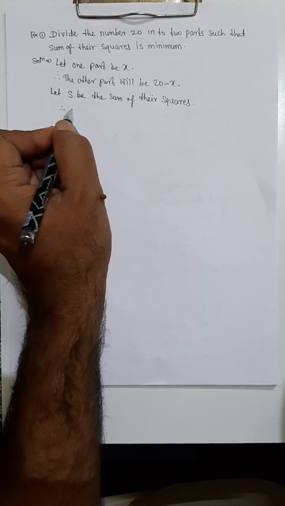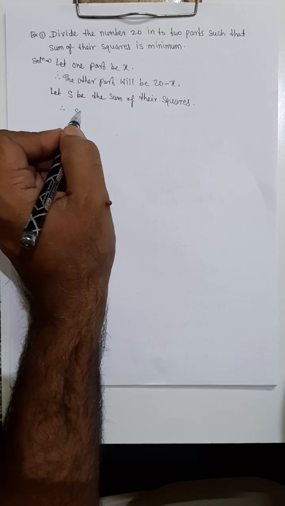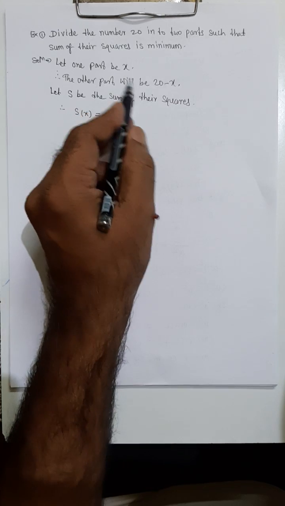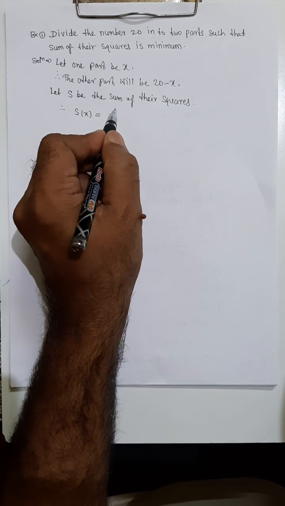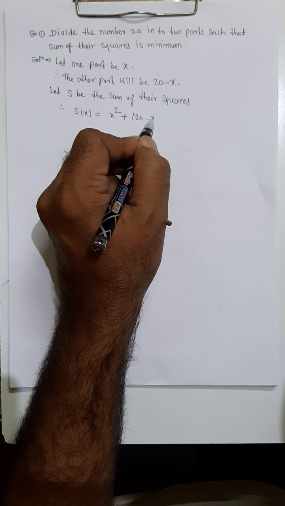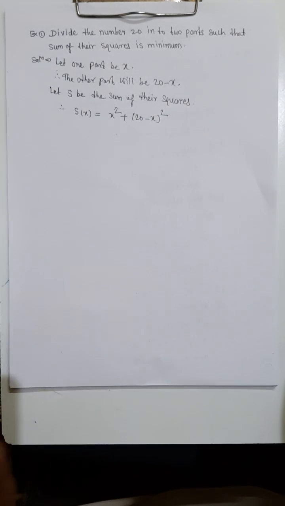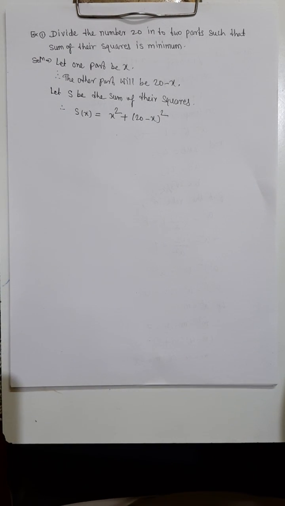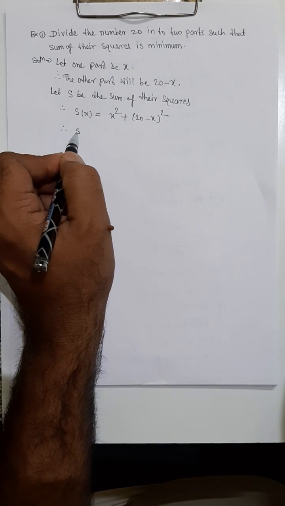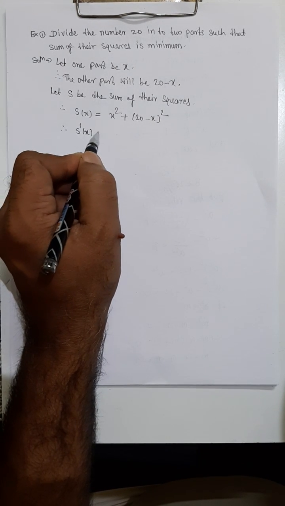And therefore we can write s, or s becomes a function of x, the sum of their squares. First part x taken, take its square, plus second part 20 minus x, its square. So we have taken s of x as the function, that is the sum of their squares. Next, find the first order derivative s dash of x.